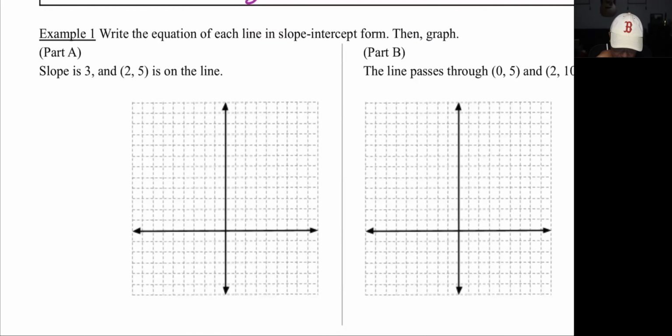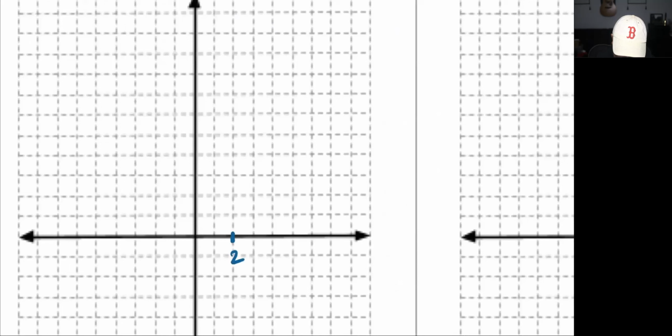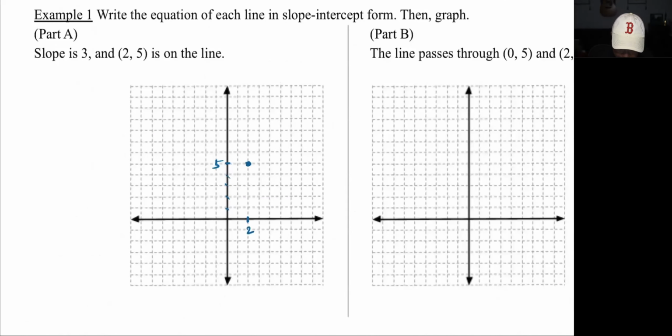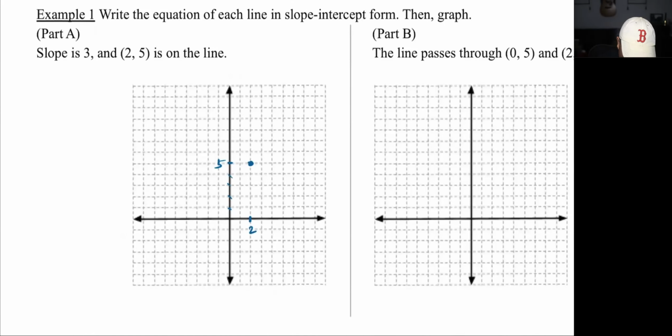So 2 is over here and 5 is 1, 2, 3, 4, 5, right there. The slope is 3, so it's 3 over 1.